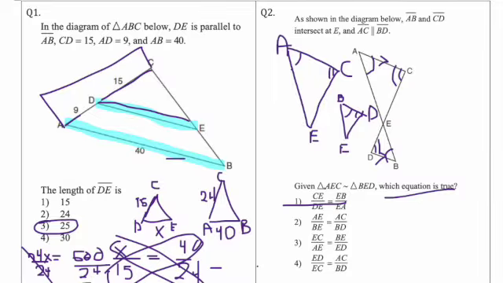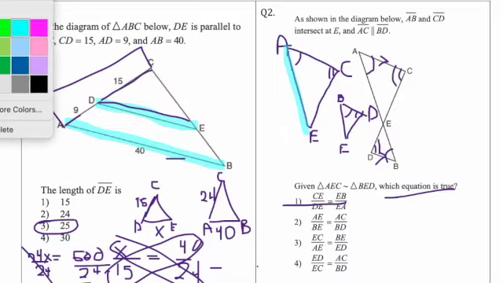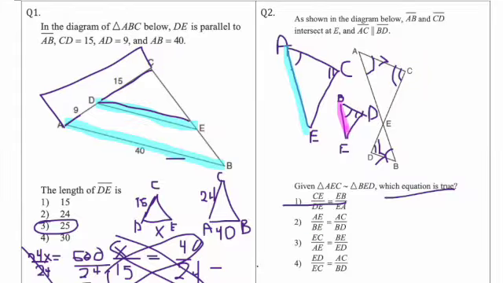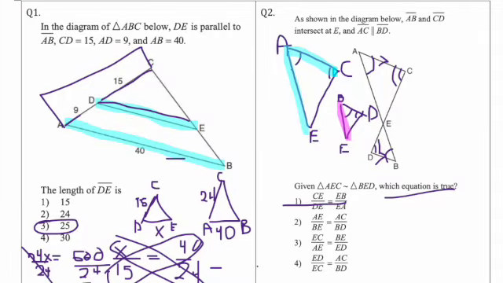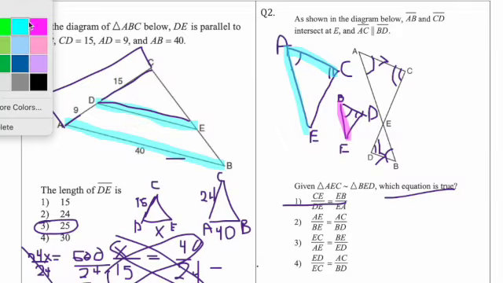It doesn't follow the same pattern in the ratio. Okay, then we have AE over BE, and we have AC over BD. Now we're talking.